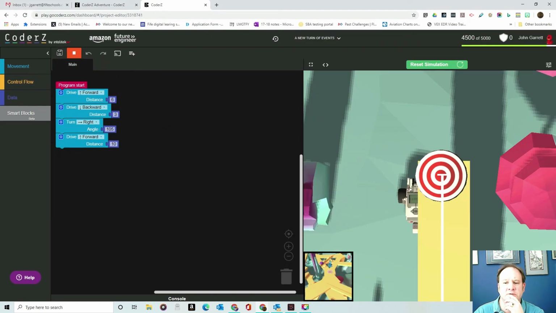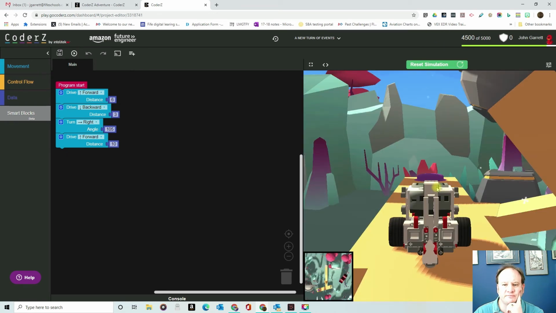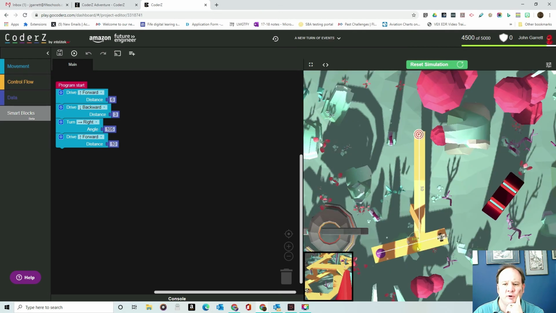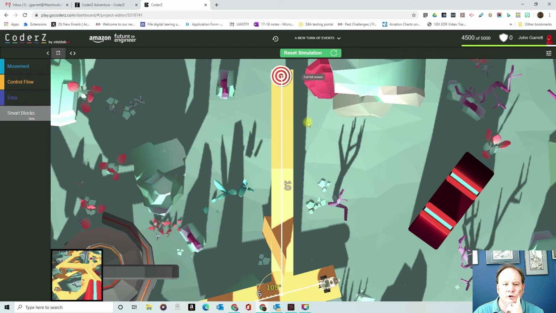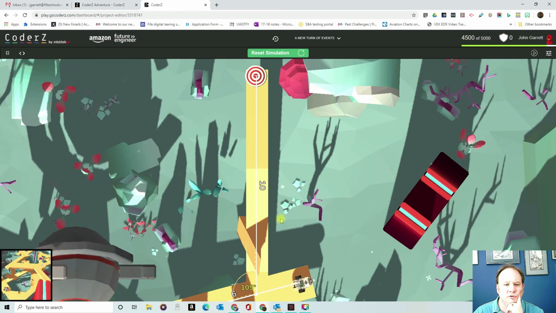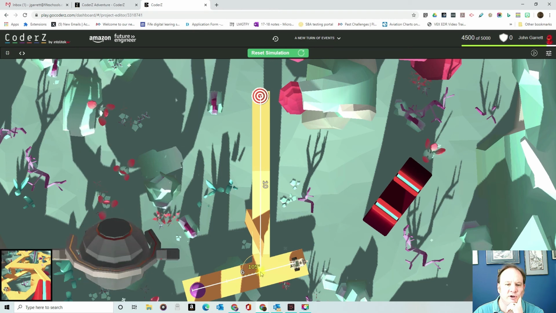Remember, we have this little tool here. If I reset the simulation and go back here, I've got to figure out how to measure, where do I need to come back to?